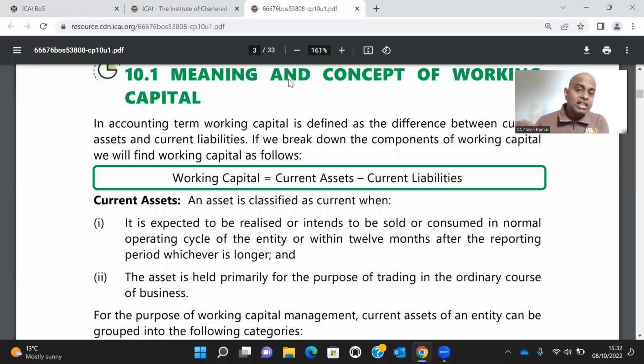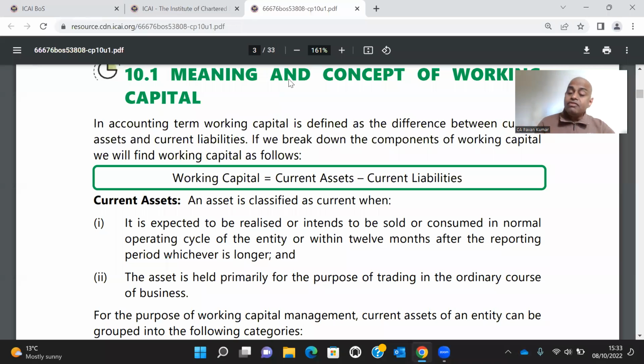But there is a change. When we started harmonizing our accounting practices with IFRS, the Ministry of Company Affairs, MCA, changed the definition of current asset. Now, assets are classified into current and non-current based on a concept called operating cycle. An asset which can be converted into cash within an operating cycle is a current asset.